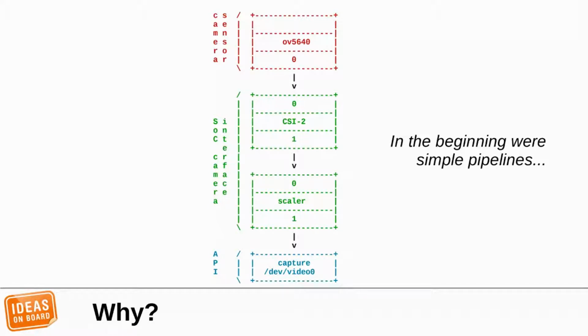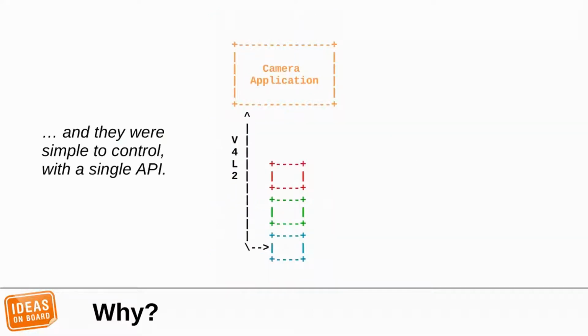It would work exactly the same whether the camera was a PCI capture card, a USB webcam, or an embedded device that has a similar architecture to what's shown in this slide. So there was a single API to use, and all applications that were compatible with that would work properly.